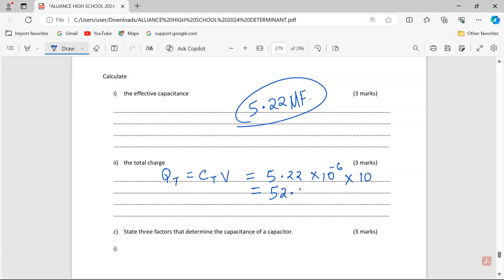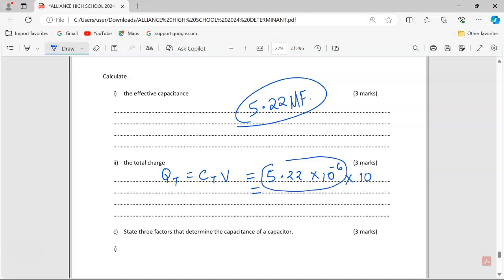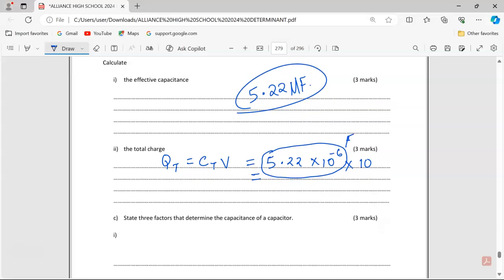The 10 power negative 6 is to divide by a million, so that the capacitance is in SI units. So these are now farads. Therefore, it's going to be 5.22 times 10 power negative 5, and because it is charge, the unit is coulombs.